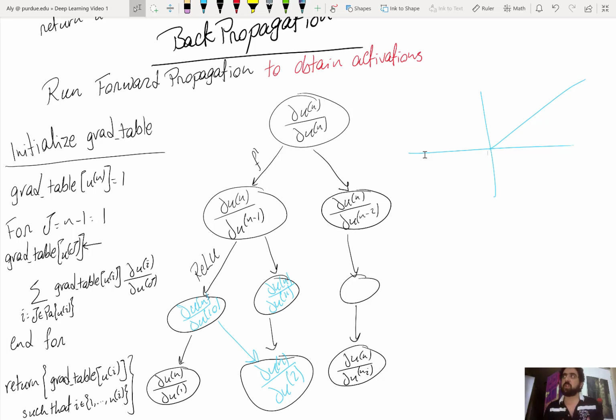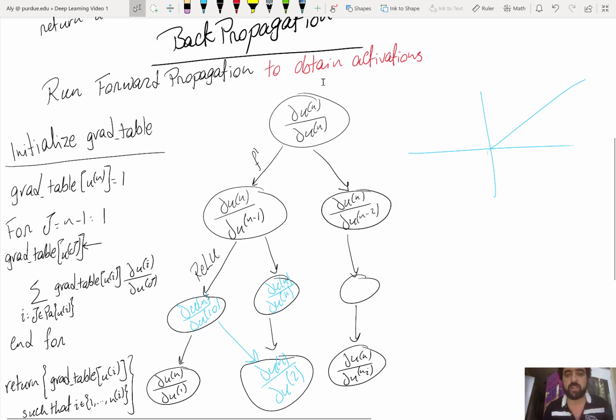Now the backpropagation computational graph is a graph with the same number of vertices as the forward propagation graph. There is a vertex corresponding to every vertex, and an edge corresponding to every edge, so it has the same topology. But now every vertex in the backpropagation graph has the value of the derivative of the output with respect to the corresponding vertex in the forward propagation graph.